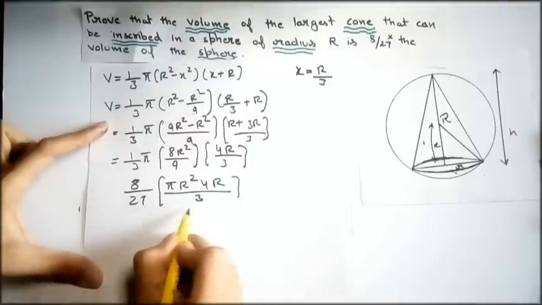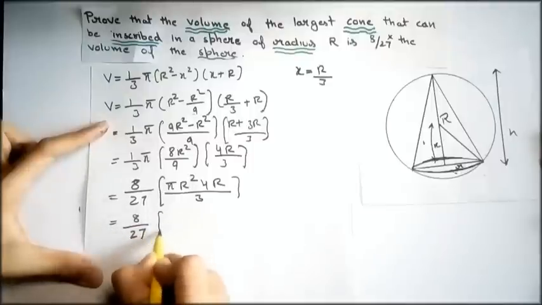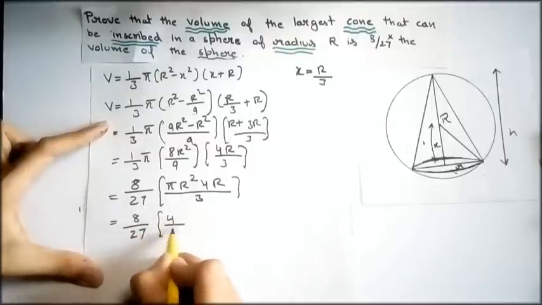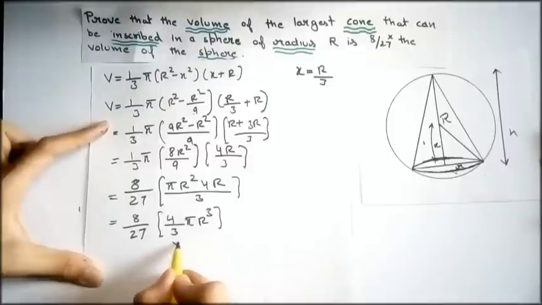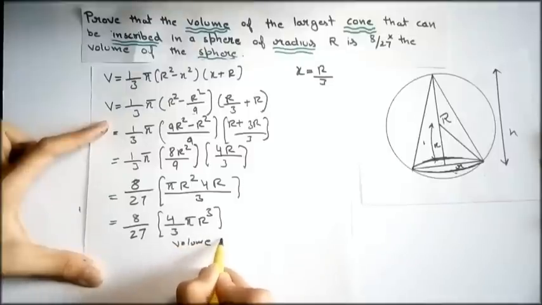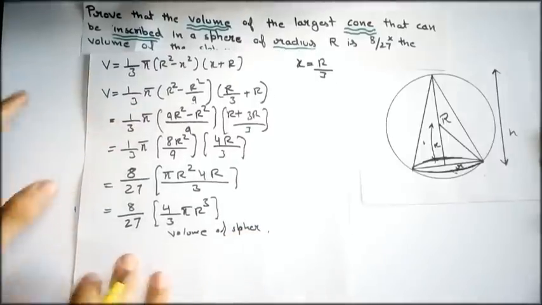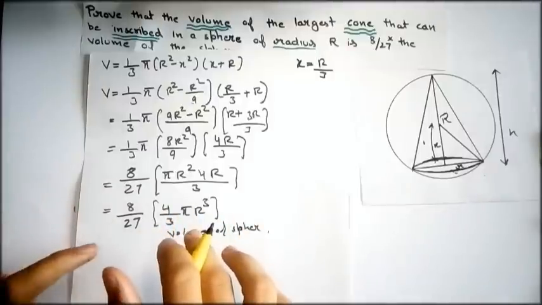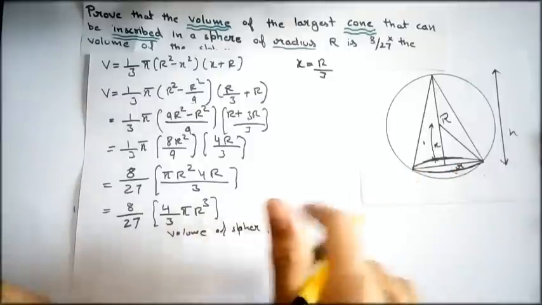So now it's just looking like the volume of sphere, 4/3 pi r cube. This is the volume of sphere. So we have just proved that it is equal to the volume of sphere multiplied by 8 by 27, and it is the maximum volume.